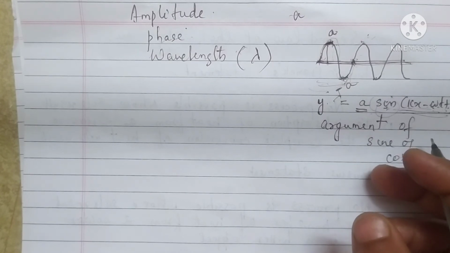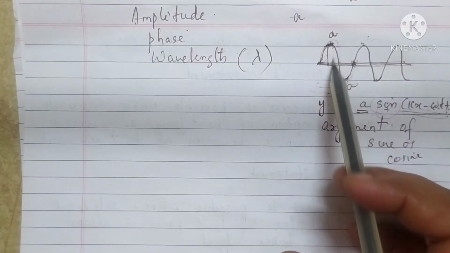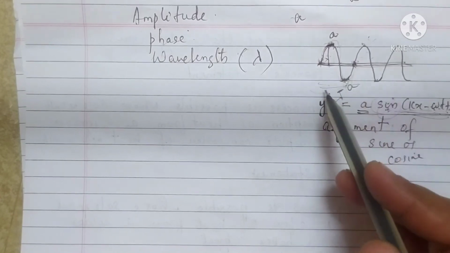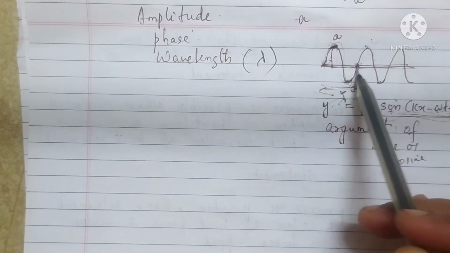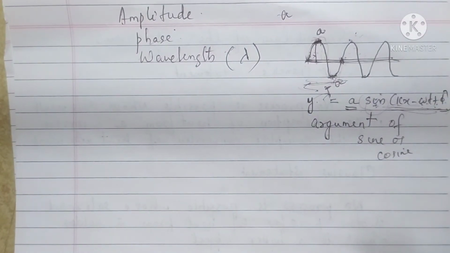Clear? Now, period, time period. The time period means time taken by a wave to travel a distance equal to one wavelength. This distance is one wavelength, and time taken to complete this one vibration or complete this one oscillation, you will call it as the time period.